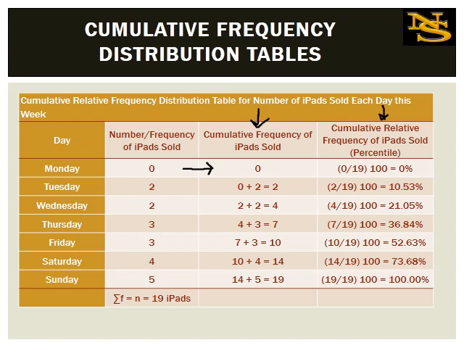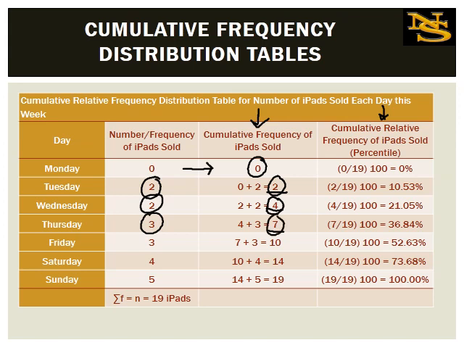And remember, cumulative means at or before. So that means we sold 0 Monday or before, because there is no before. We didn't sell any on Monday. Then we take this 0 plus 2. We sold 2 Tuesday or before. Take this 2, add this 2. We sold 4 Wednesday or before. Take this 4, add this 3, and we sold 7 Thursday or before.